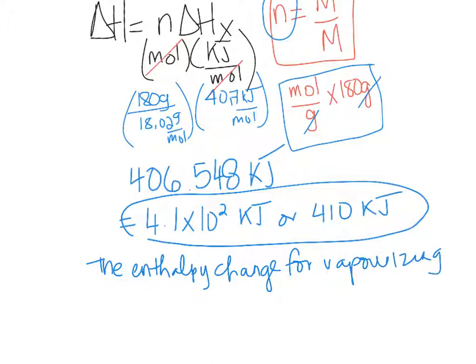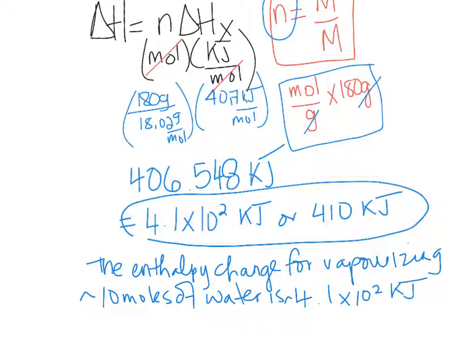I'll put approximately 10 moles of water is approximately 410 kilojoules. So, the enthalpy change for vaporizing approximately 10 moles of water is approximately 410 kilojoules.